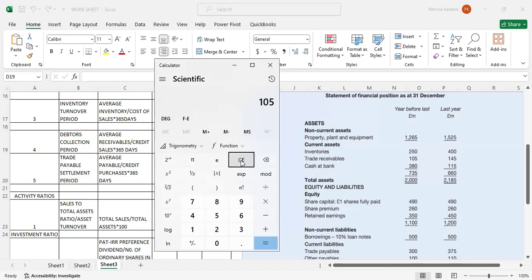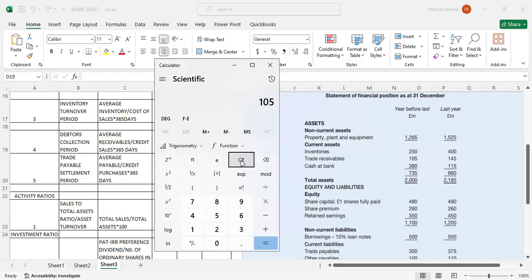Now watch out for this. Our credit sales are goods we sold on credit, the total figure. But this question did not separate our sales revenue. It did not tell us whether some proportion of the sales revenue was allocated to credit sales and some to cash sales.